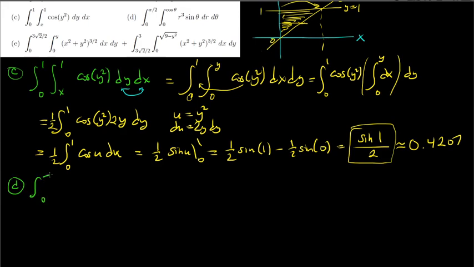So here we have the integral from 0 to pi over 2, and then 0 to cosine of theta, and we're integrating r cubed sine theta dr d theta. Okay, so first thing to note is that the first integral doesn't depend on theta, so we can take the sine outside here.